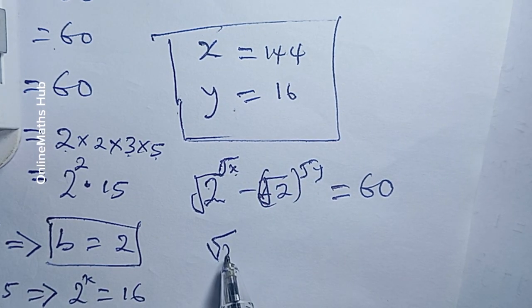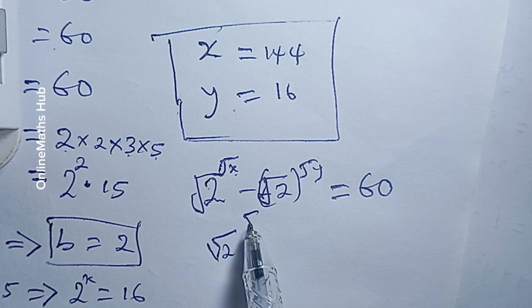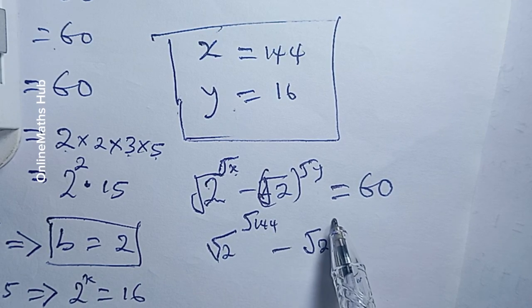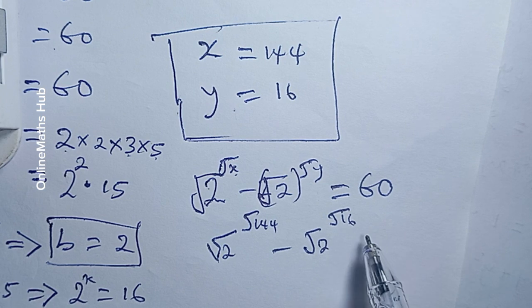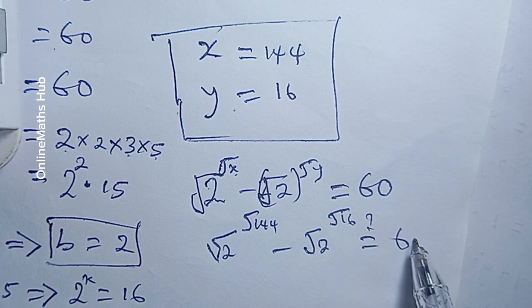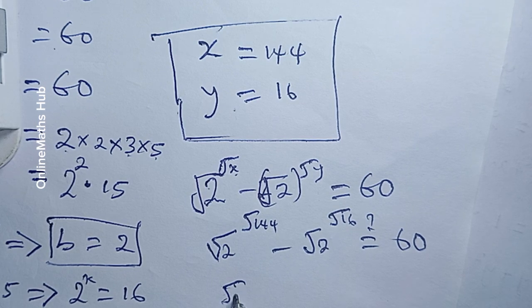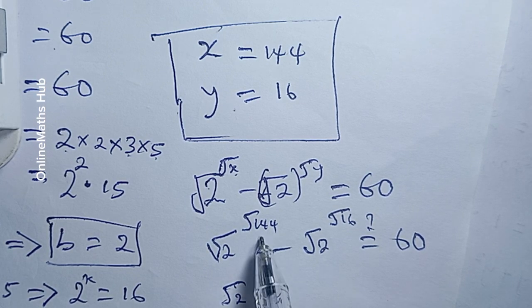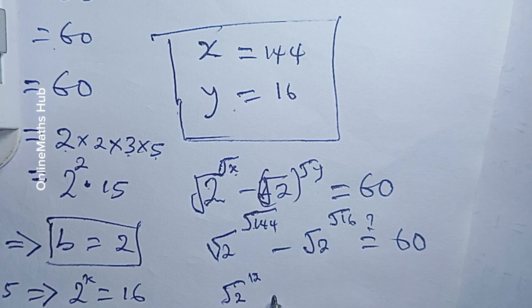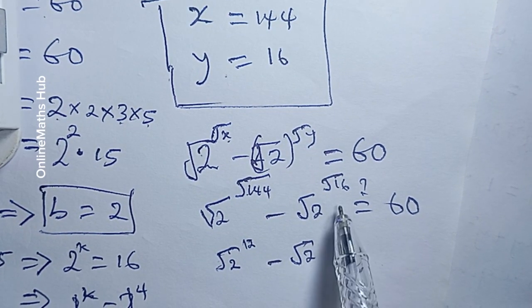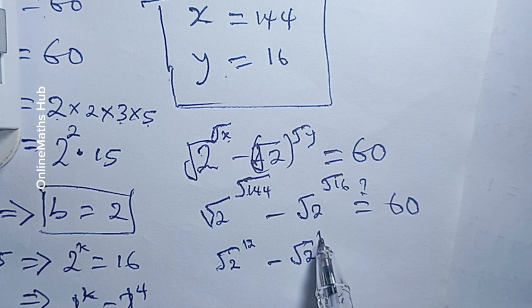So root 2 power root 144 minus root 2 power root 16, would that be equal to 60? And of course what we have here is root 2 power root 144 is 12, okay, and then minus root 2 power root 16 here is 4.